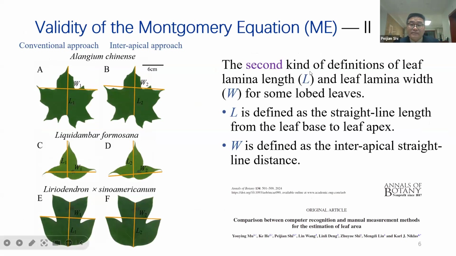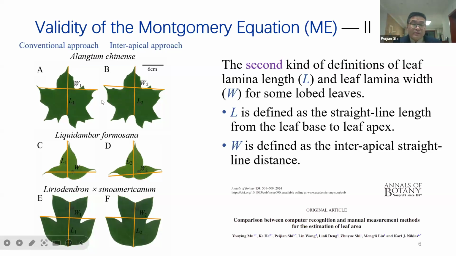We tested another definition for the leaf length and leaf width. In practice, it is somewhat difficult to find the leaf width in the conventional approach, namely this line should be perpendicular to the leaf length. So for some plants with lobed leaves, we can define the W, namely the leaf width, as the interapical straight line distance.